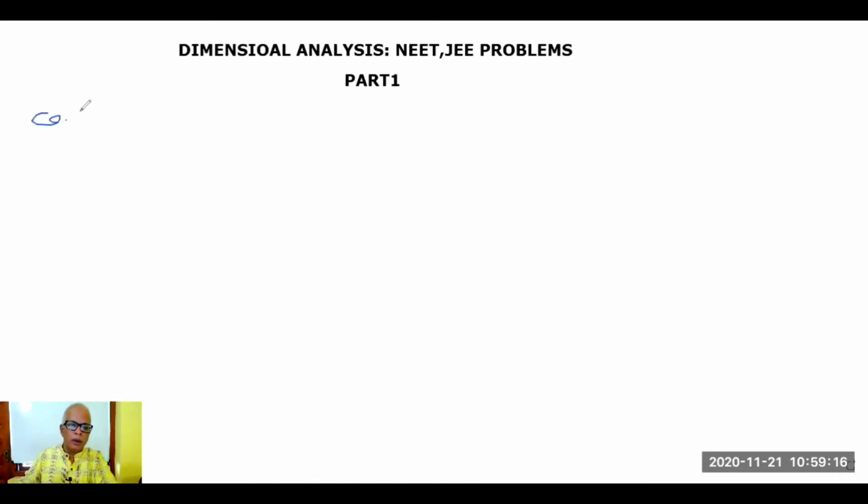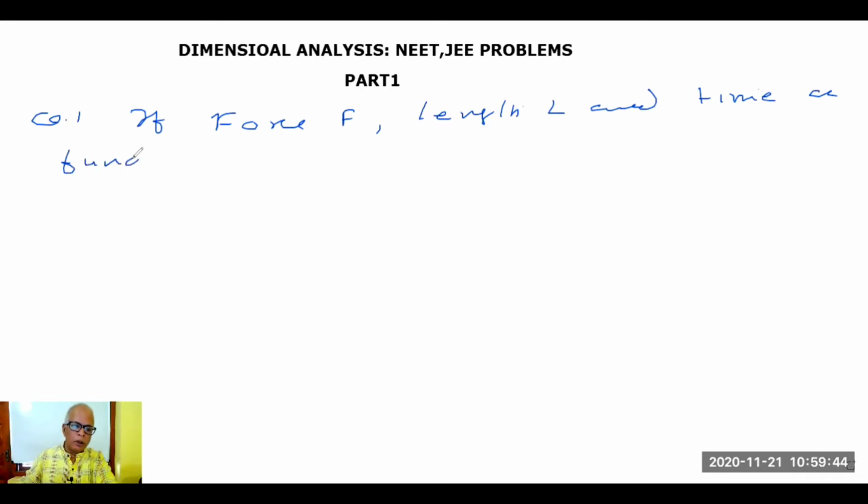Question number 1: if force F, length L, and time T are fundamental dimensions, find the dimension. What would be the dimension of density?